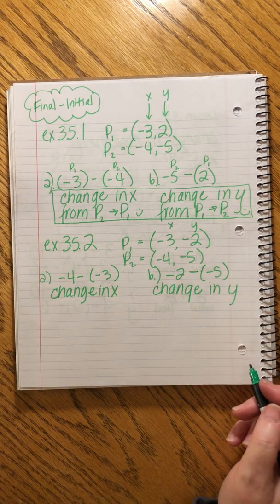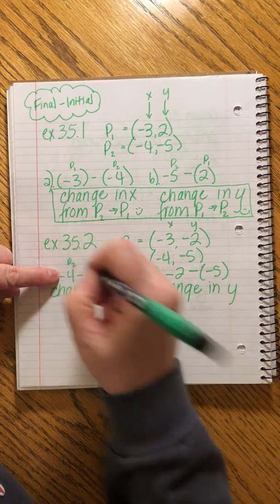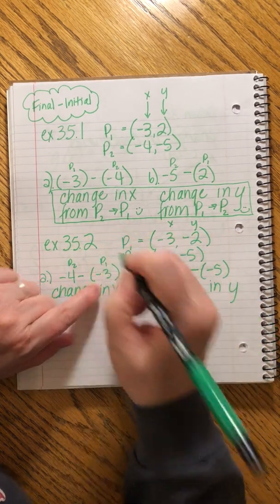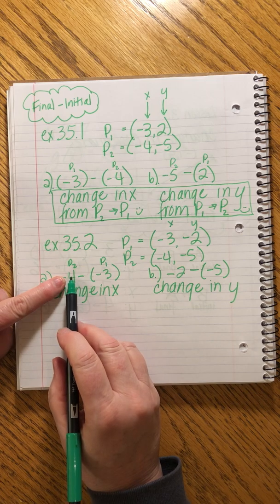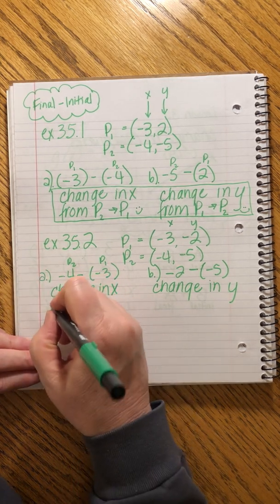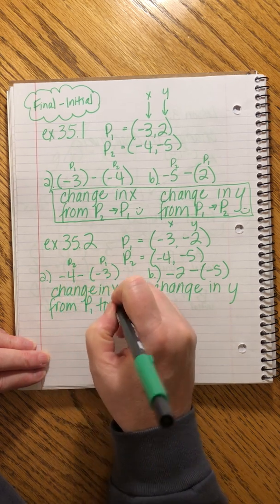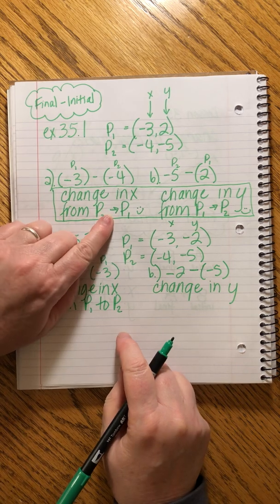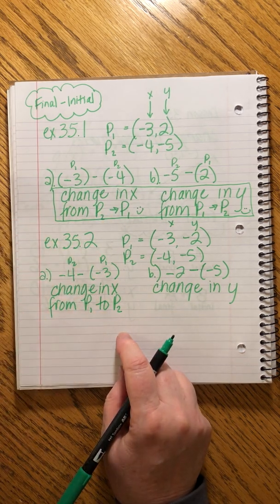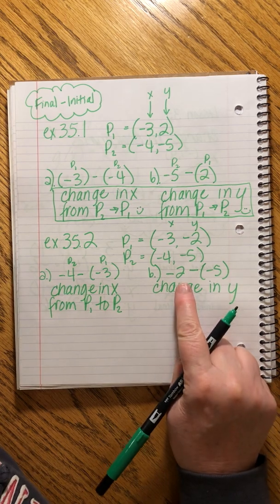Now we have to figure out which one we're going from and to. Minus 4 is P2, minus 3 is P1. So that means this is final. So I'm going from P1 to P2. You can write that with an arrow, that's fine. You can write it with the word. This is correct. And then the same thing over here.